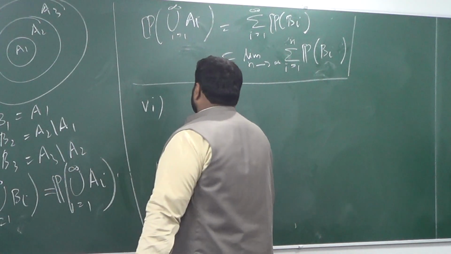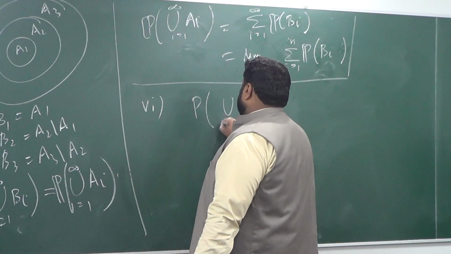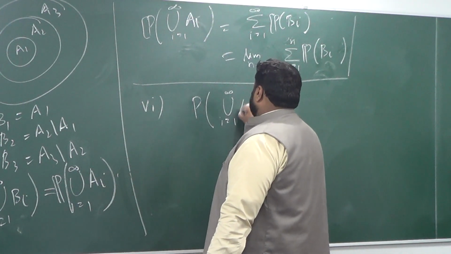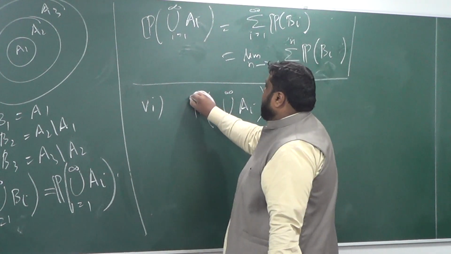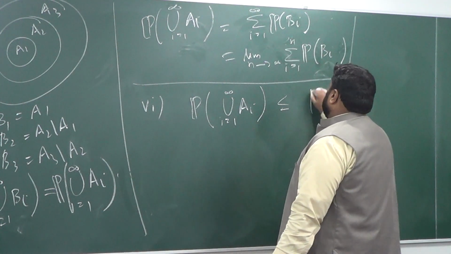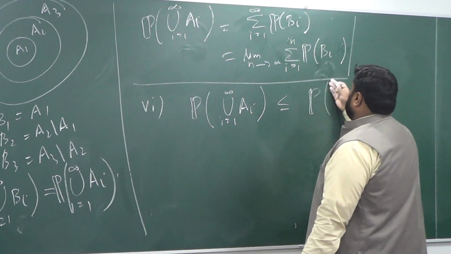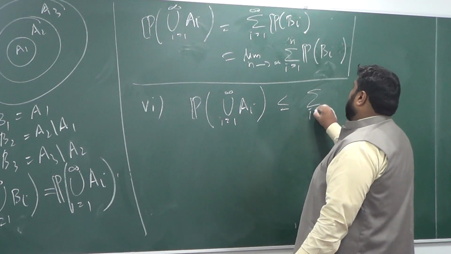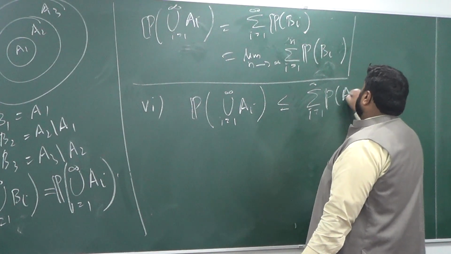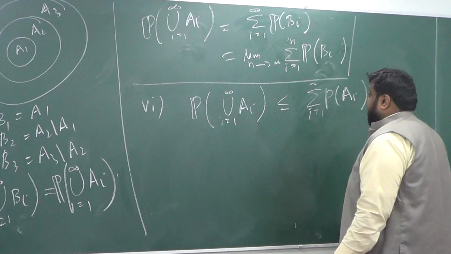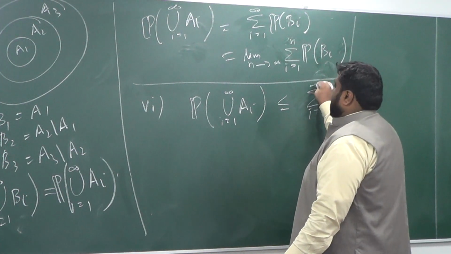So the probability of union of I equal to 1 to infinity AI is less than or equal to the sum of I equal to 1 to infinity probabilities of AI.